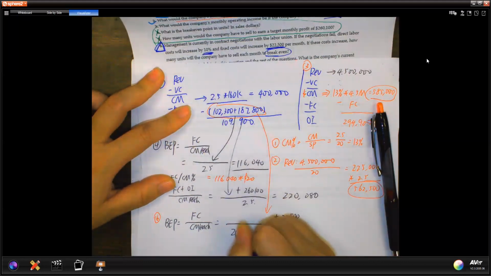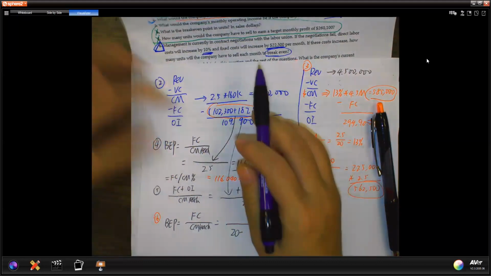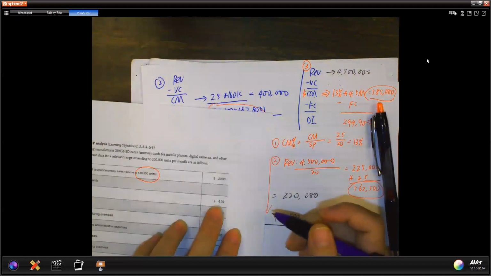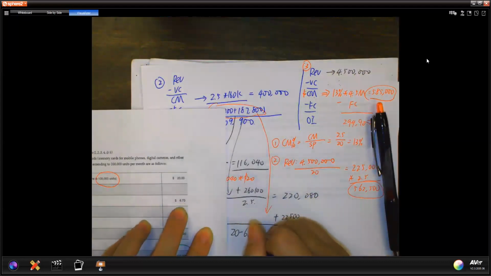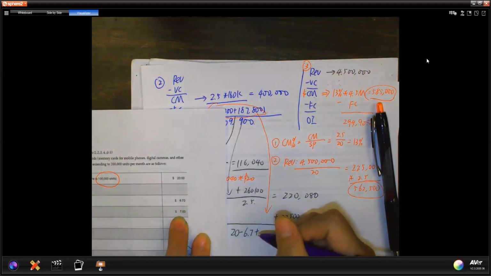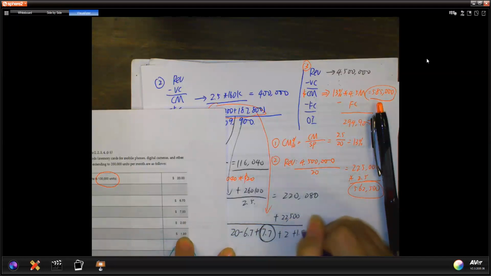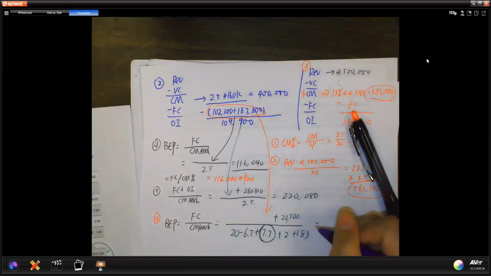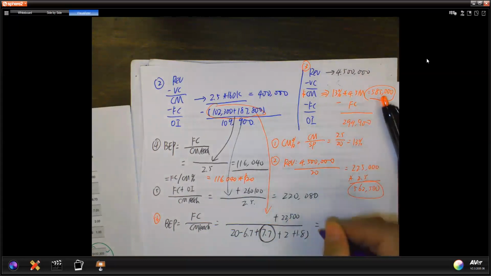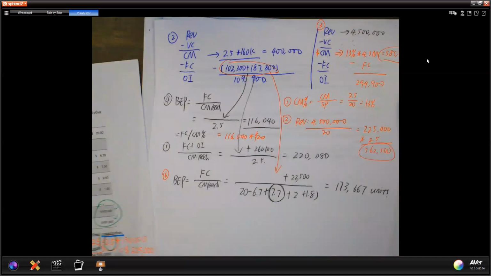It's your selling price minus all of our variable cost. Direct material is the same 6.7, but your direct labor will go up by 10%, so became 7.7, plus your 2 plus your 1.8. If you do all this, you should get, with rounding, 173,667 units.